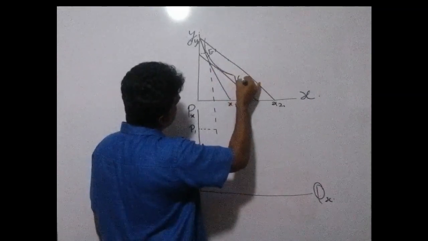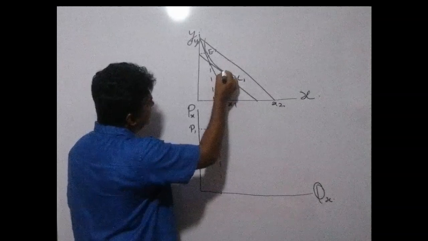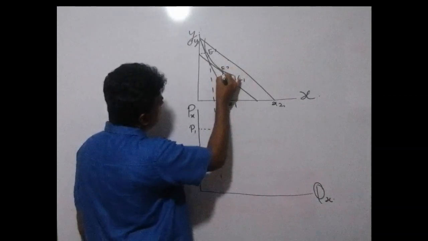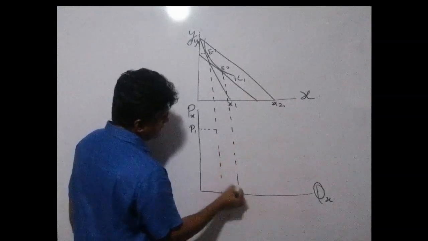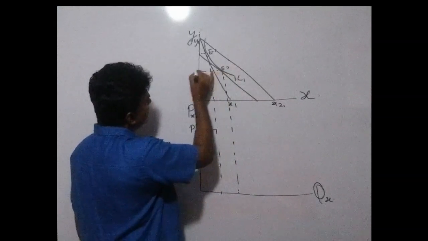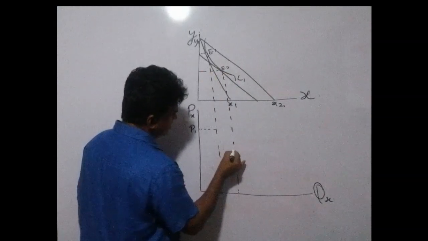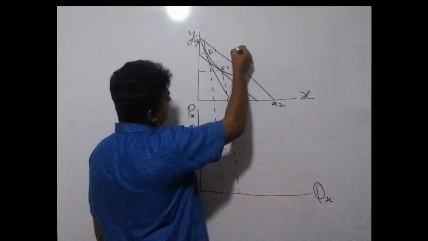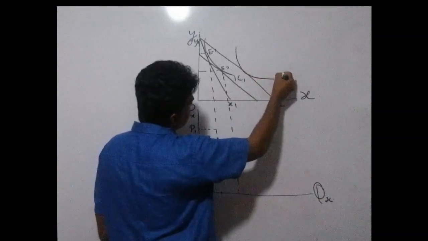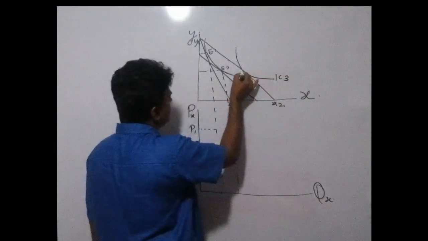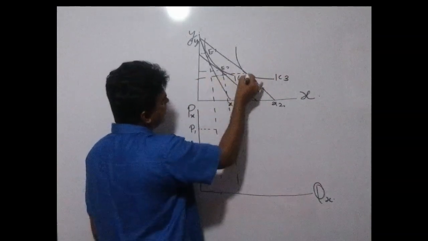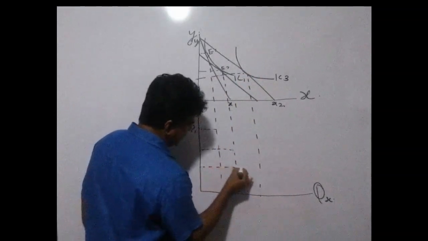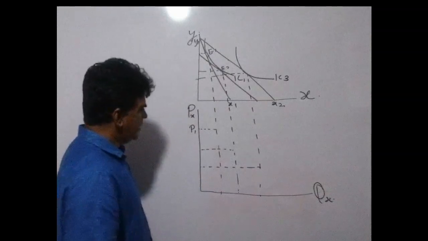This is IC1. There is another equilibrium point. This is E2. The price is lower. This is the IC3, indifference curve 3, and at another price there is another.